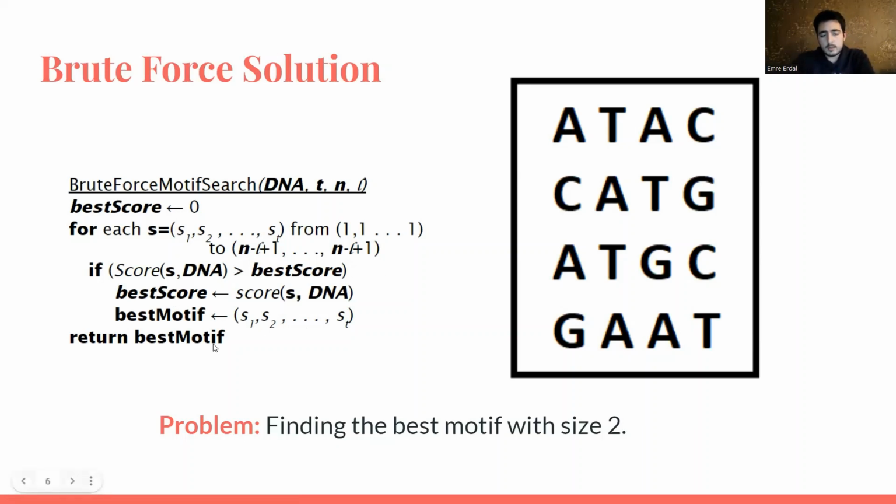It returns the best motif when the for loop ends. So I will introduce it shortly in this slide, and I will introduce it in detail in the next slides.